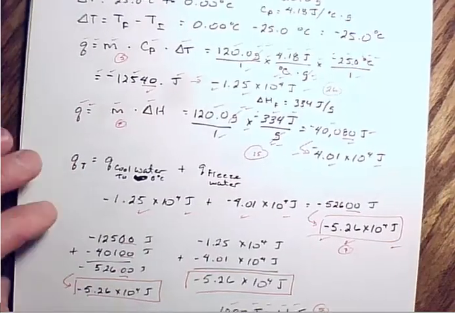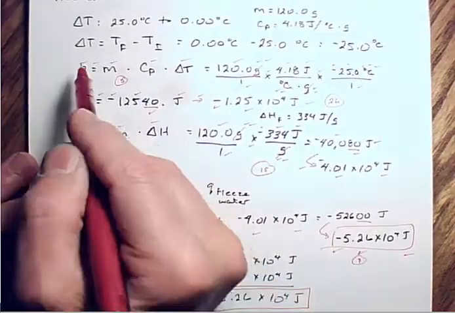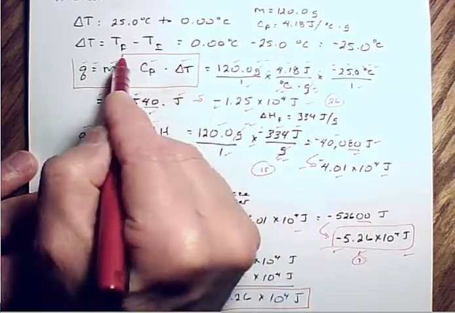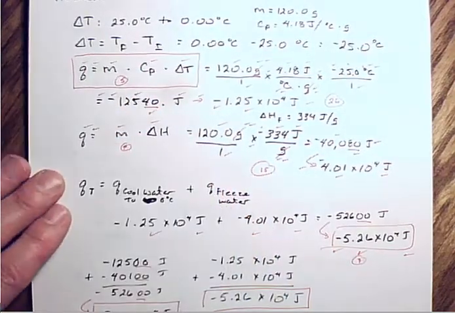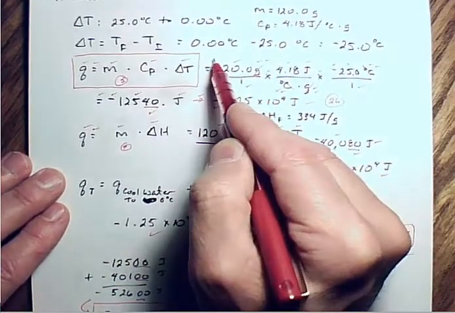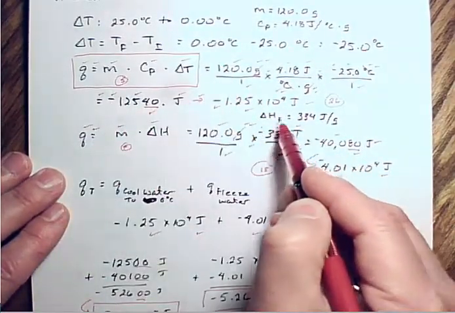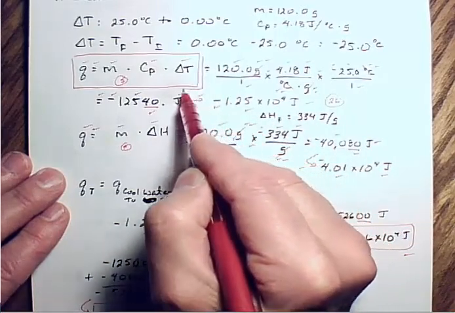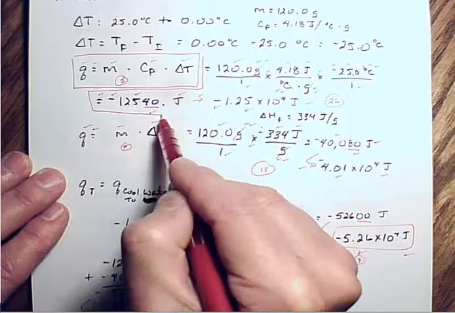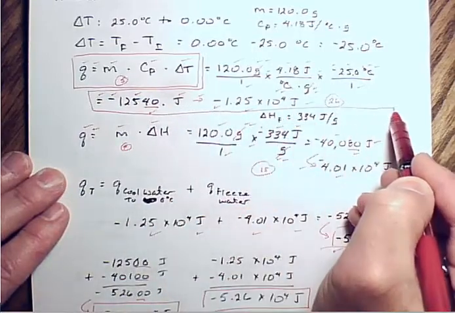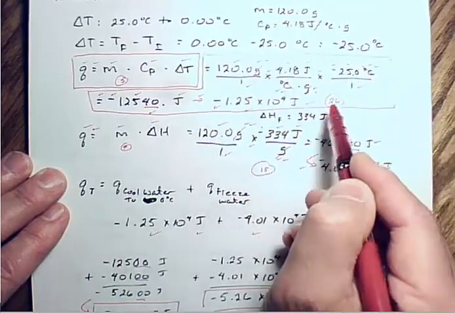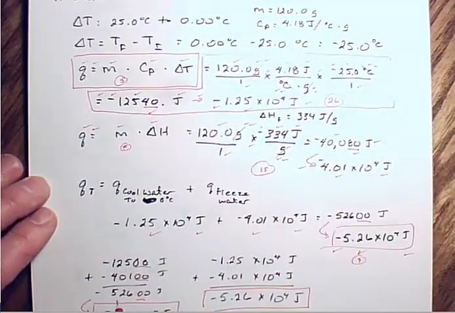Worth 75 points. So, this equation here, you have to show your equations, always have had to show your equations. That's worth 5 points. Okay, the math, where you calculate the energy change for the first part of the problem, that part's worth 26 points.